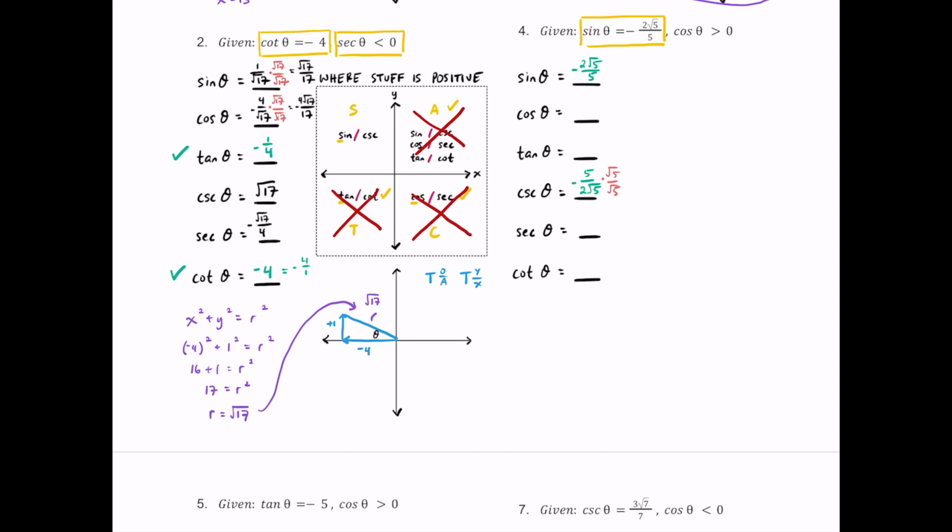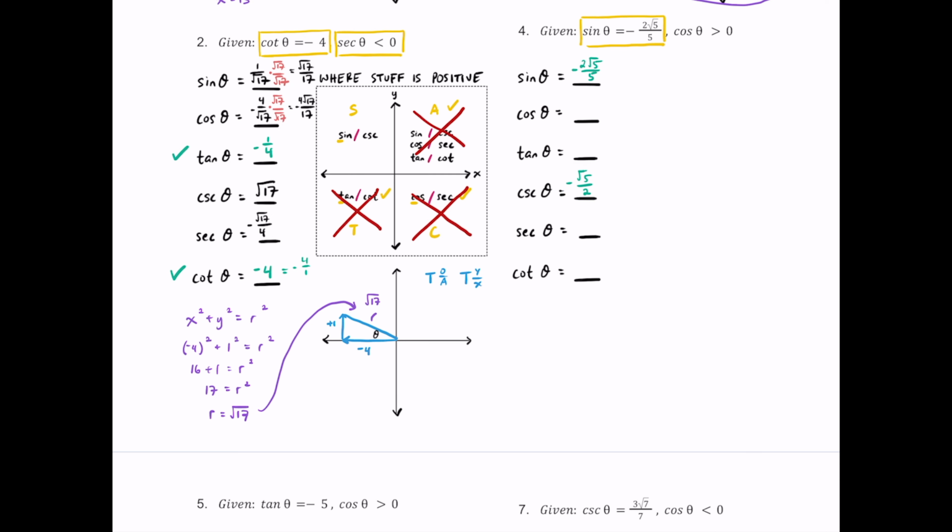That gives negative 5 root 5 over 2 times 5, which is 10. Then we can divide both top and bottom by 5, so it would be negative root 5 over 2. Just to save a little bit of space, I'm going to get rid of this and move the answer over. So this negative root 5 over 2 is going to be our final ratio.